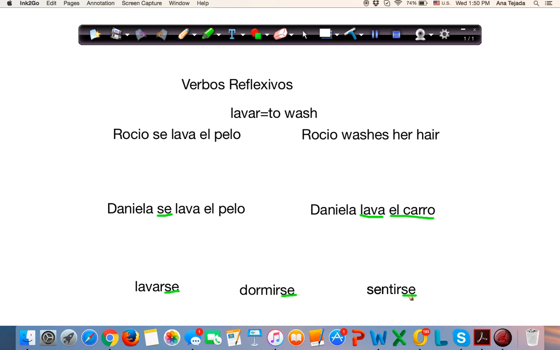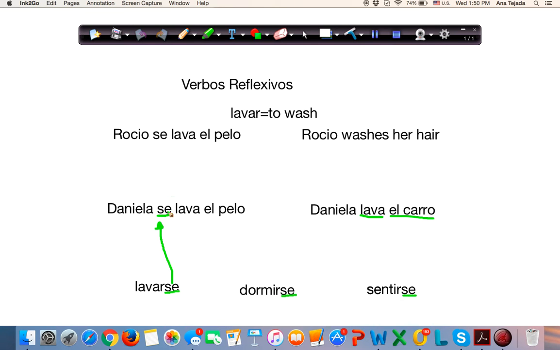However, when we conjugate these reflexive verbs, we have to do a few things. First, we have to detach the se from the end of the verb and place it in front of it.